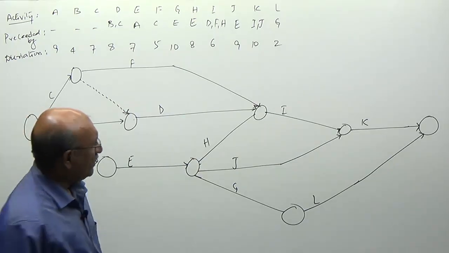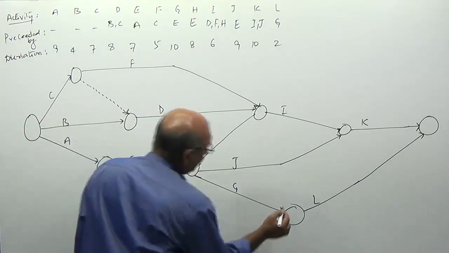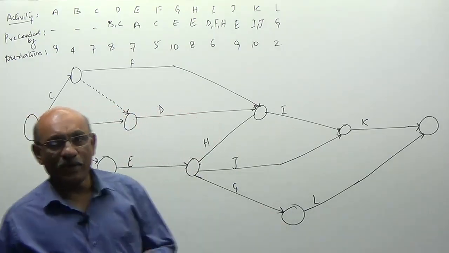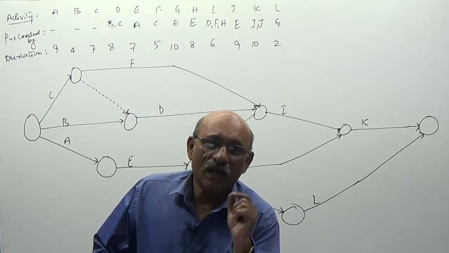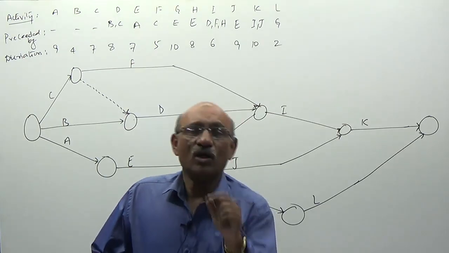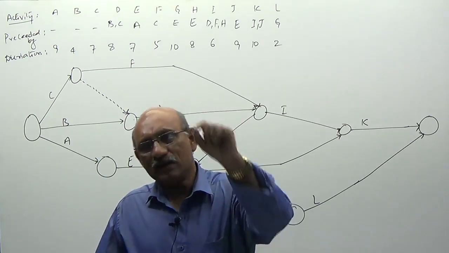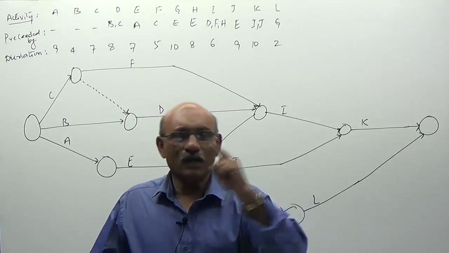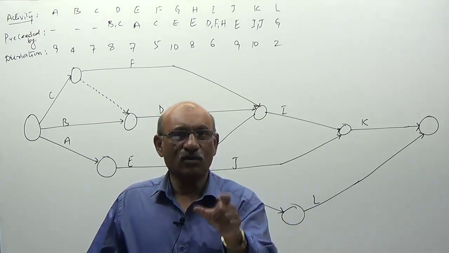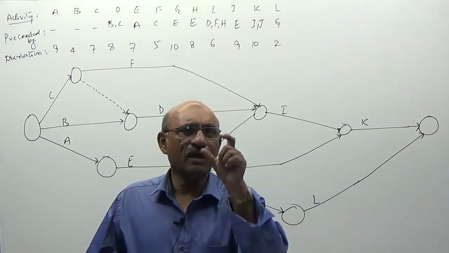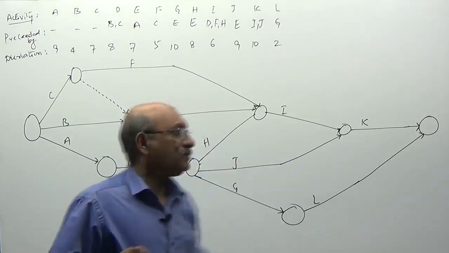Once again, what point you have to remember, sir? The number given to the head node is always greater than the number given to the tail node.